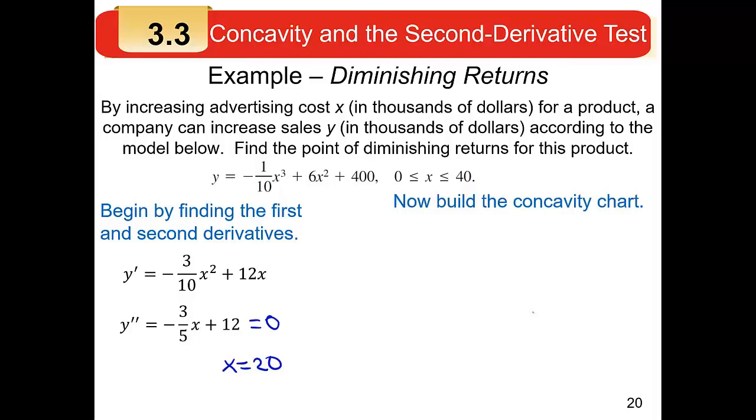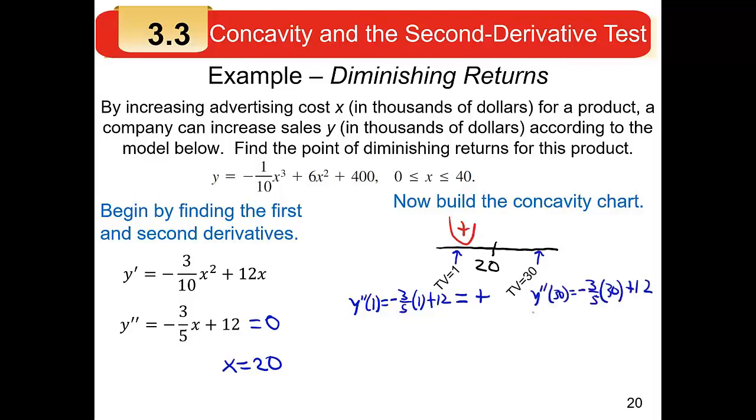Now, if you want to actually verify that it satisfies the condition of being a point of diminishing returns, it has to be concave up on the left and down on the right. So technically, you should check this to make sure it really does have that behavior. If you take a test value on each side, say a test value of 1 in the second derivative, you get a positive value. That means it's concave up. That's what we're looking for.